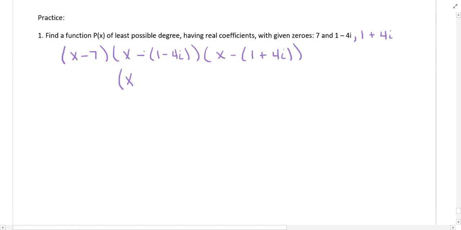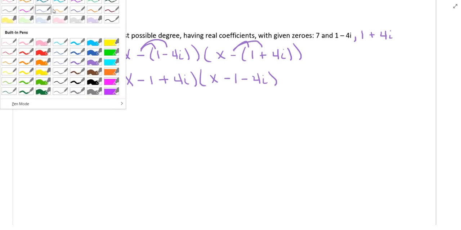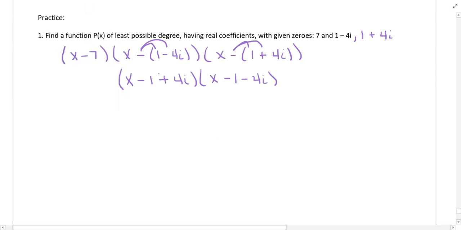So let's see, this is going to become x minus 1 plus 4i. And this is going to become x minus 1 minus 4i. Okay, so let's go ahead and multiply this out. All right, so we're going to do the x's first.